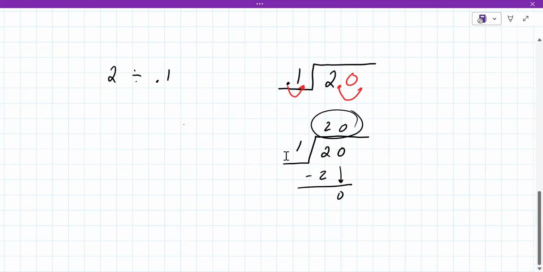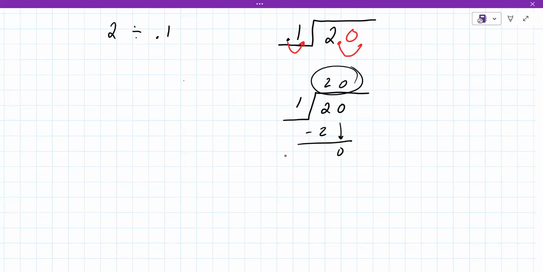Okay, so let's increase the difficulty slightly here. What is 1.6 divided by 4? So you have to figure out what goes inside and outside the house. 4 goes outside. 1.6 goes inside. 4 can't go into 1.